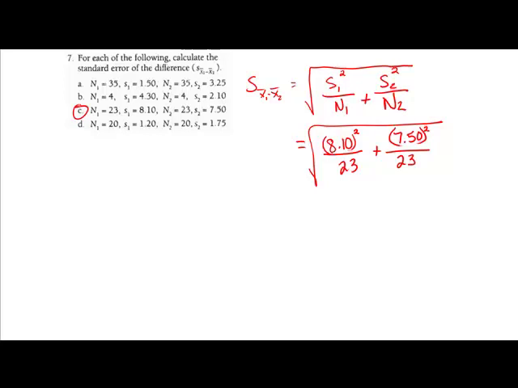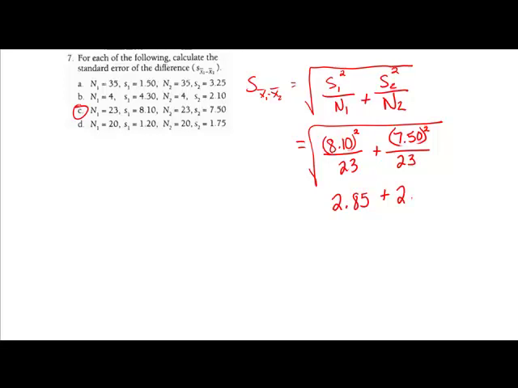So get my calculator out. 8.1 times 8.1 is 65.61. I'm going to divide that by 23. So I have 2.8526, I'm just rounding it to 2.85. Plus, 7.5 squared is 56.25 divided by 23.